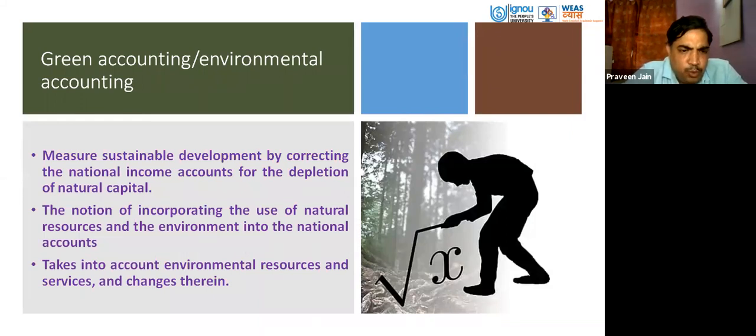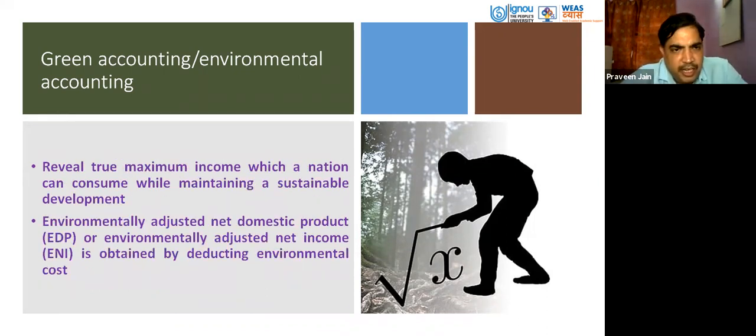It is a notion of incorporating the use of natural resources and environment into national accounts. It takes into account the environmental resources as well as the services provided by the environment, and also includes the changes in environmental resources or services over a period of time.